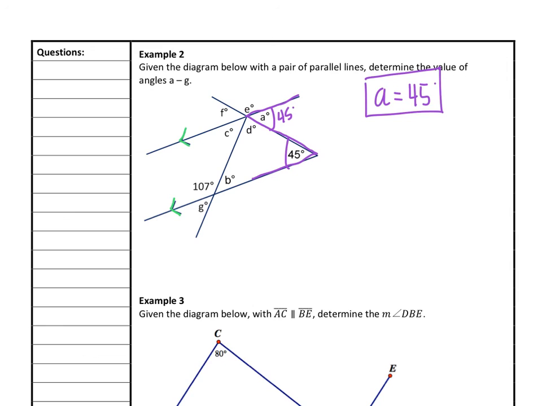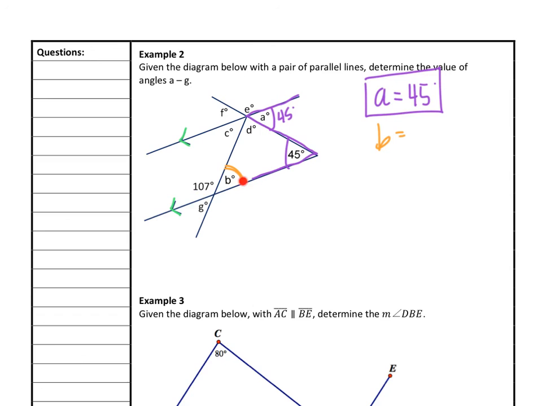Okay, then let's just go for B next. B is over here, sitting by itself. Well, sort of. And I see that it's in a triangle, but I'm missing angle D, so I don't think that we can use angles in a triangle yet. And I don't have angle C to try and use alternate interior angles again. But B is sitting next to a 107, and they're on a straight line.